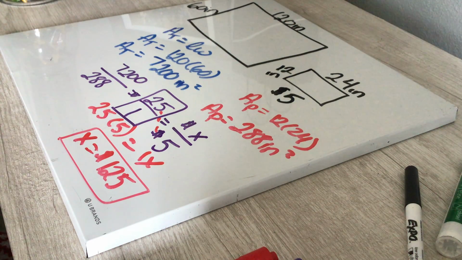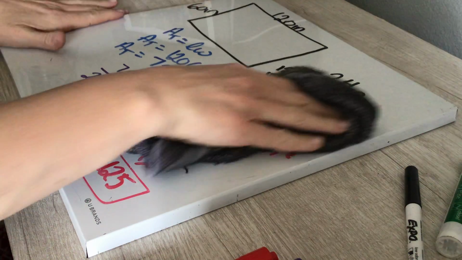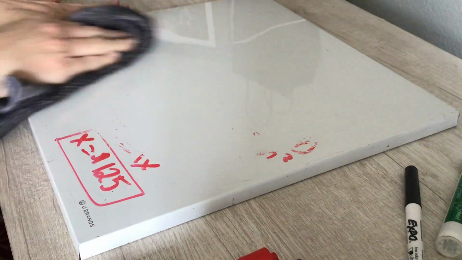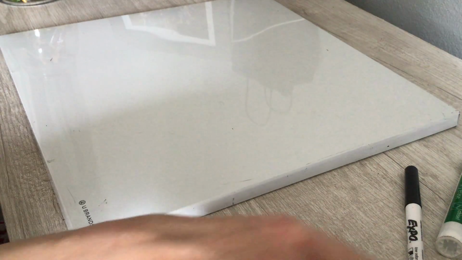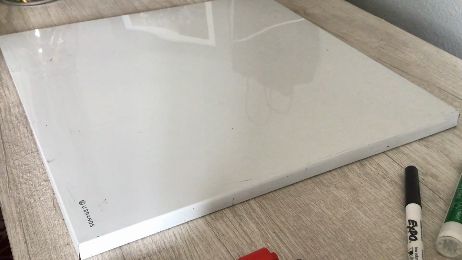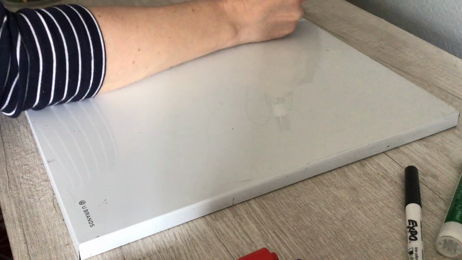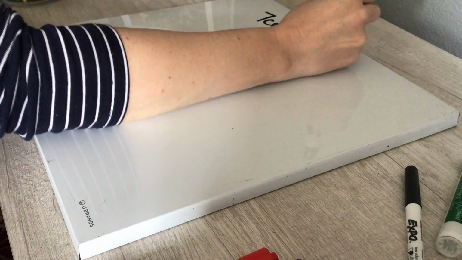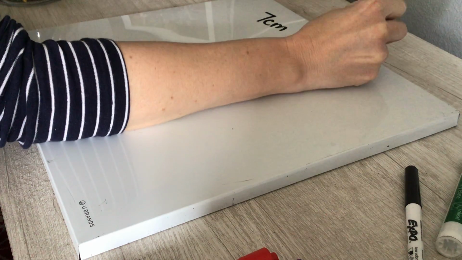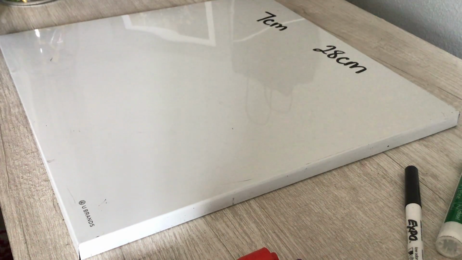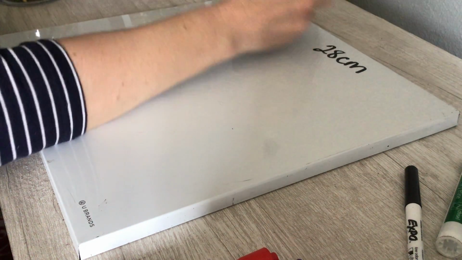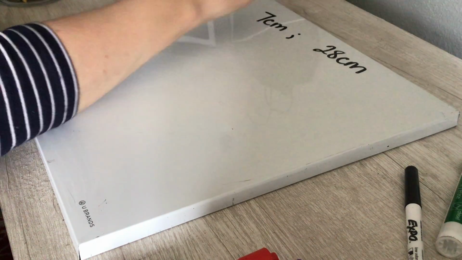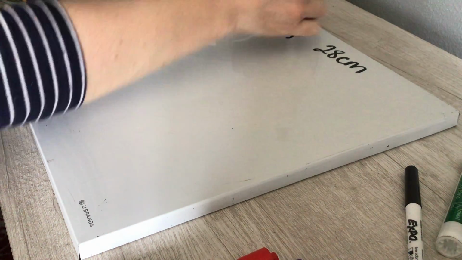Then we have two similar polygons that have perimeters of 7 centimeters and 28 centimeters. We want to find the area of the smaller figure if the area of the larger figure is 48 square centimeters. This is going to be the smaller figure.